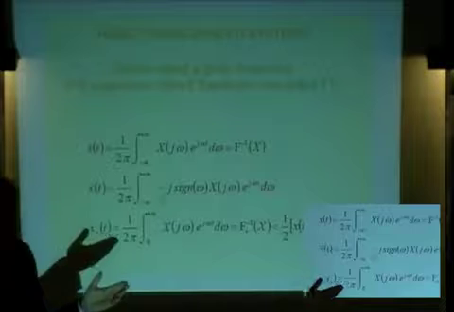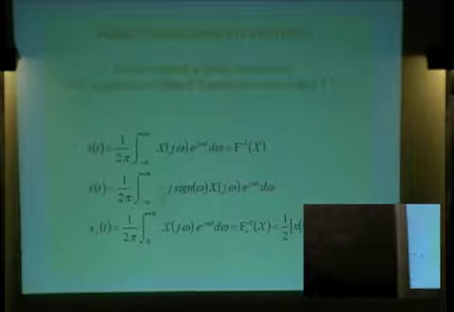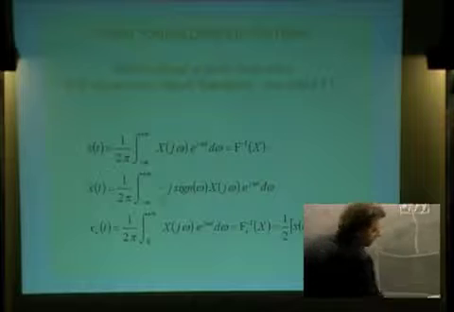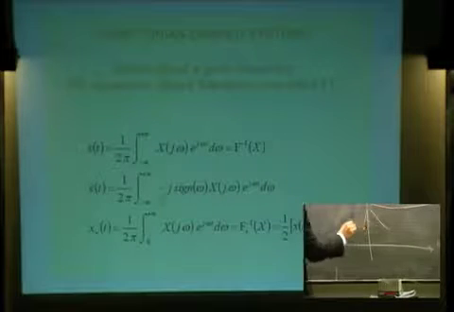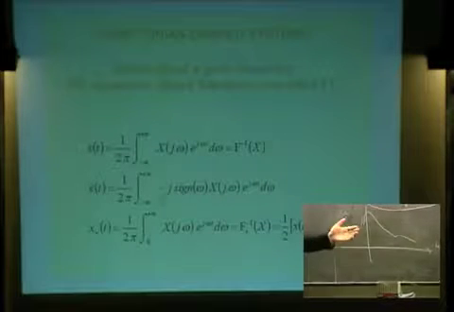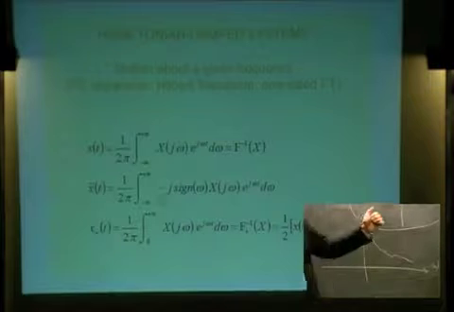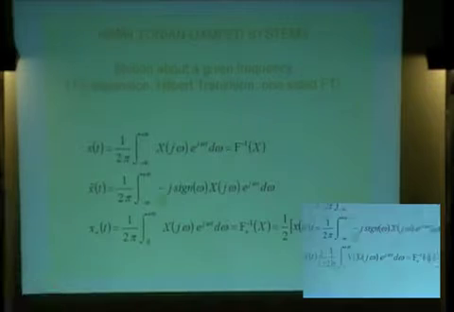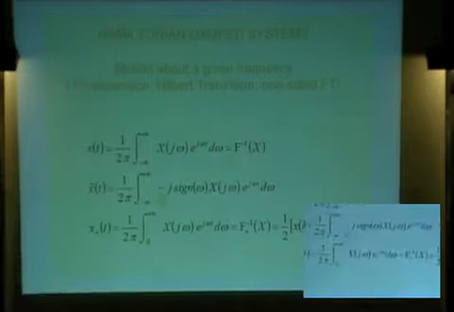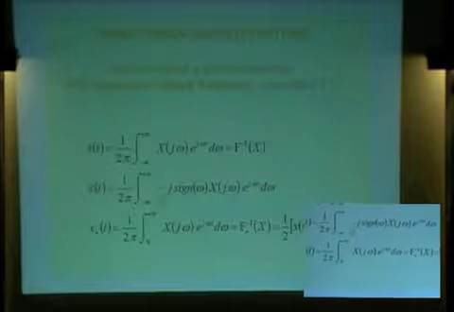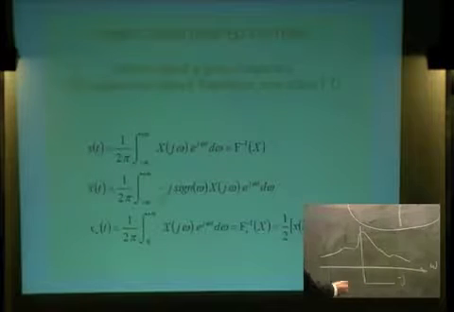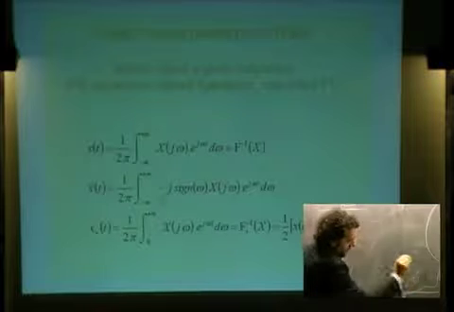So what I'm really doing is: you consider the Fourier transform of your signal, then I multiply it by minus j sine of omega, meaning that in this part I multiply by minus j, and this part is multiplied by plus j. Okay?